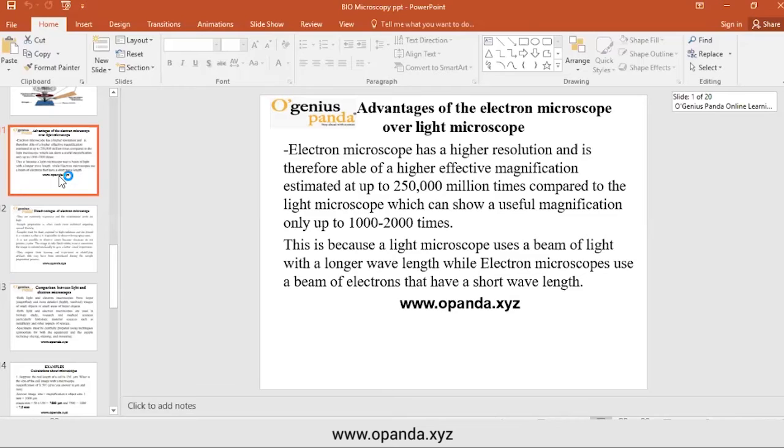You see, there is a huge difference. This is because a light microscope uses a beam of light with a longer wavelength, while electron microscopes use a beam of electrons that have a short wavelength.